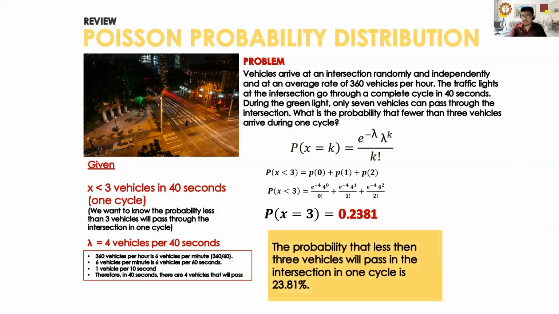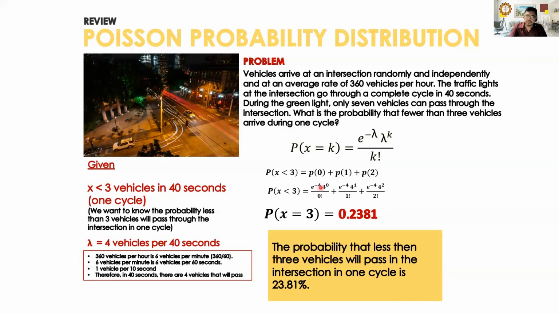And this is also an example of a probability with several distinct values. We have an inequality, fewer than or less than 3. So we need to add the probabilities of 0 vehicles, 1 vehicle, and 2 vehicles passing through the intersection.